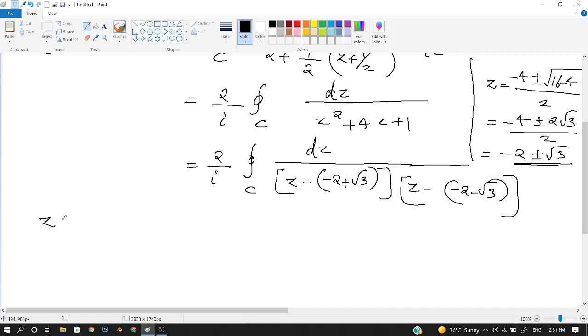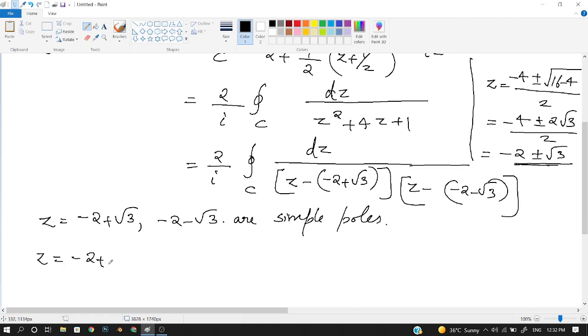Here z equal to minus 2 plus root 3 and minus 2 minus root 3 are simple poles. And here we can see that z equal to minus 2 plus root 3 lies inside C. So we can find the residue at that point.